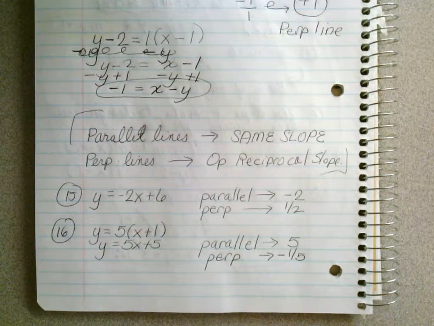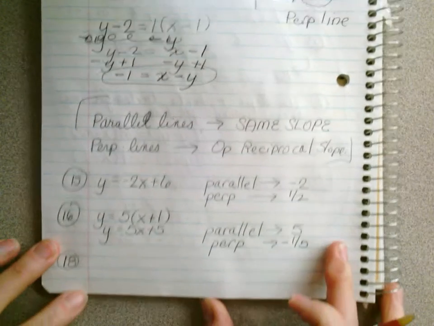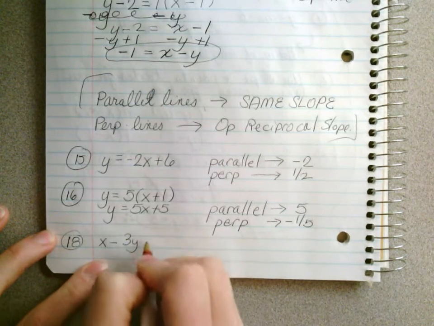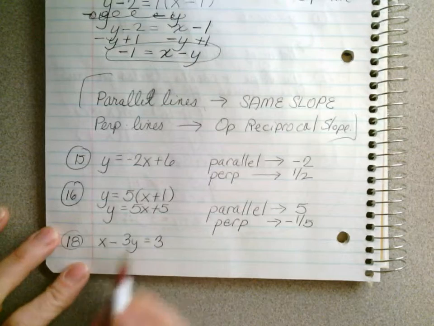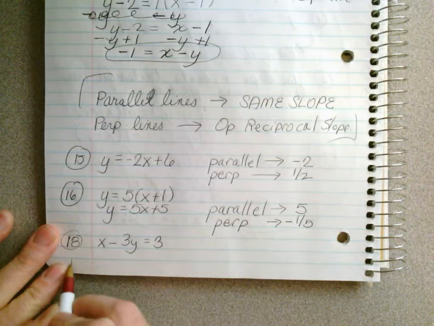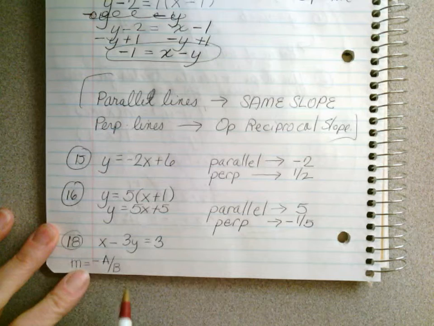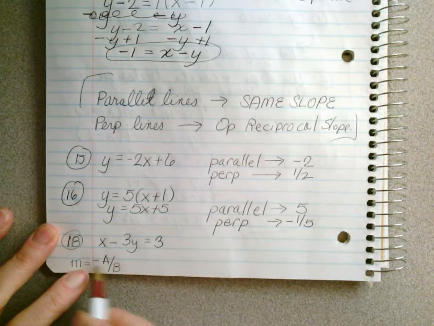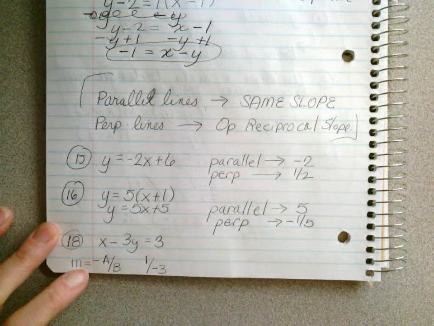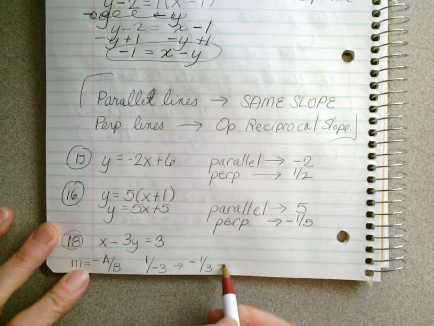Okay. Even if I give it to you in standard form, as in ax plus by equals c form, first, let's get the slope out of this. In this form, slope is equal to a divided by b's opposite. So 1 divided by -3, which is -1/3, its opposite. What's -1/3's opposite?